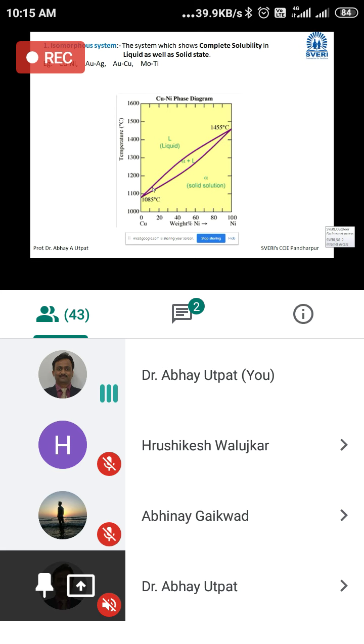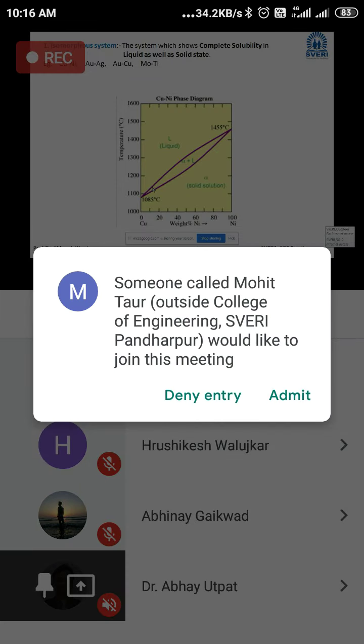I made one statement: both copper and nickel are soluble in each other by 100%. Means if you add 1% nickel, it gets dissolved in copper. If you add 10%, it gets dissolved. 90% gets dissolved. Both dissolve in each other.